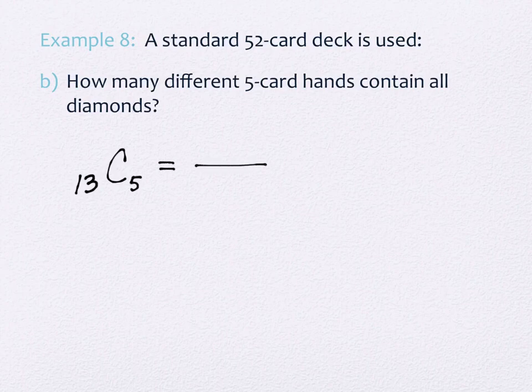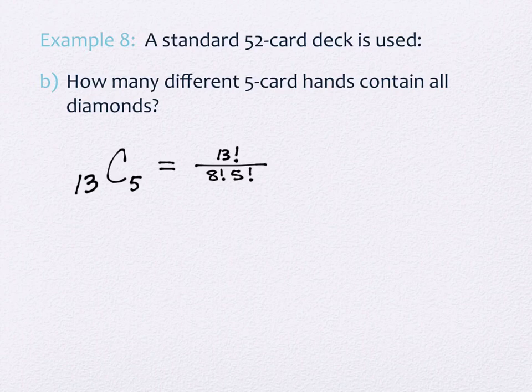So at this point, what goes on top? 13 factorial. What's going to go on the bottom? Yes. The 8 is how many I didn't choose, 13 minus 5, and you can feel free to write that down if it's helpful.